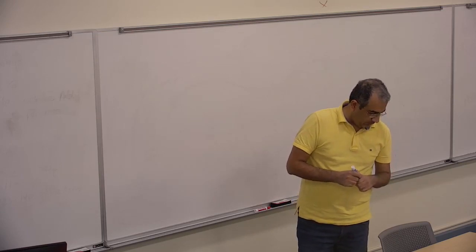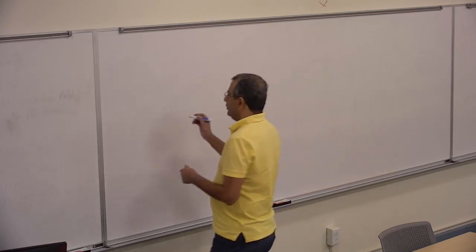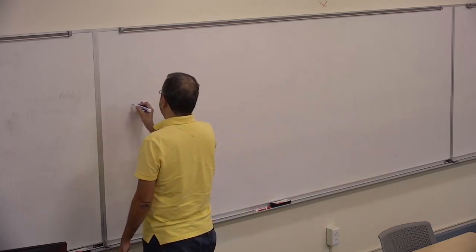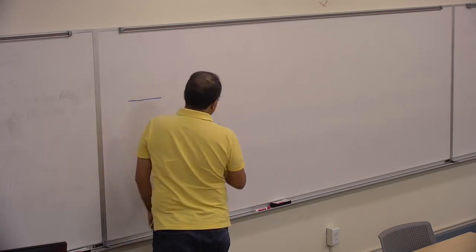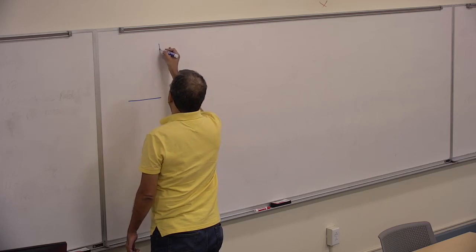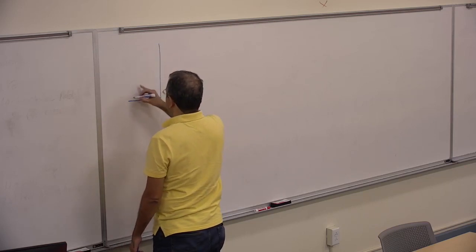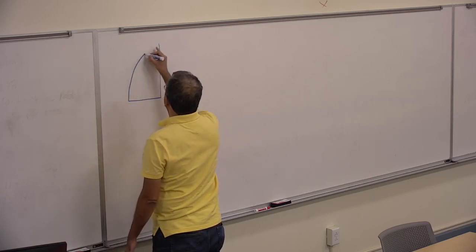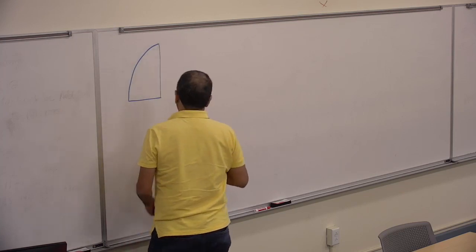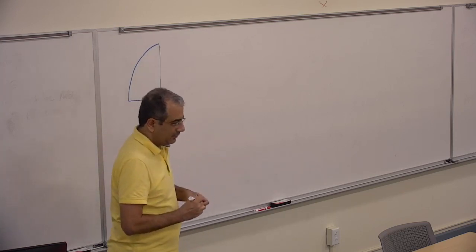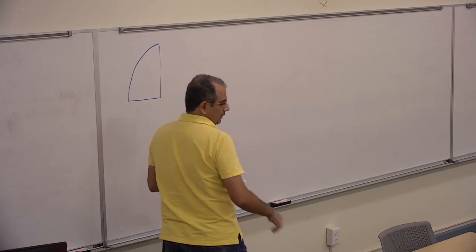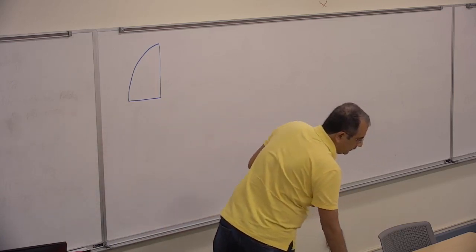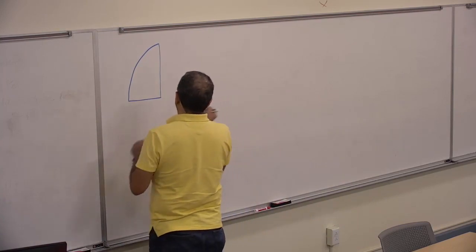Okay. So suppose you have a cross section of the beam like this. So that's the cross section. Which page are you on first? 512. I'm confused.